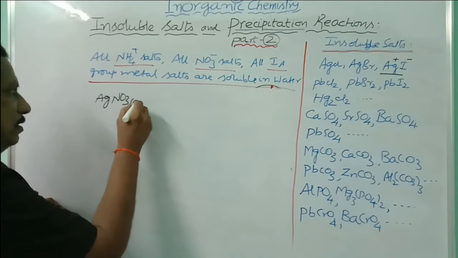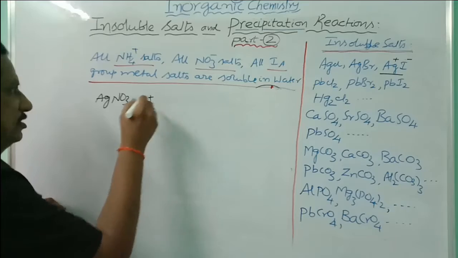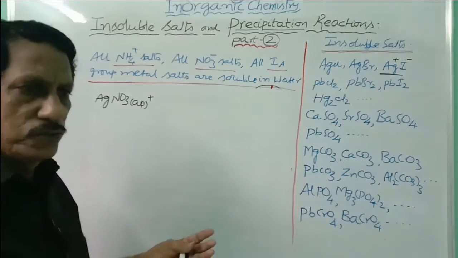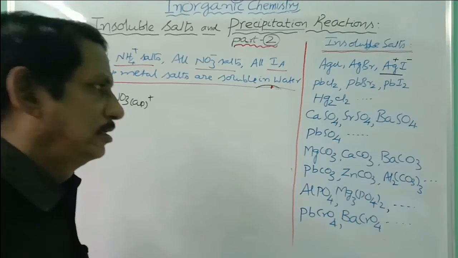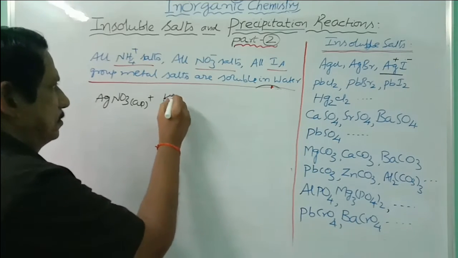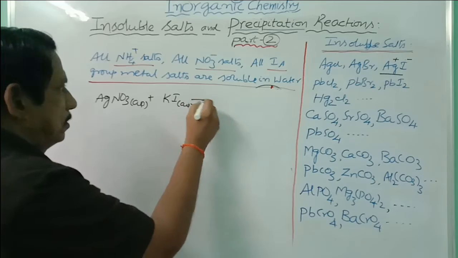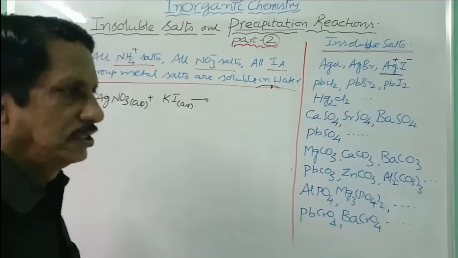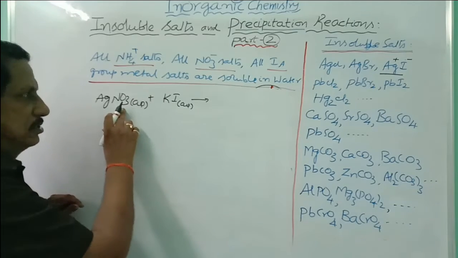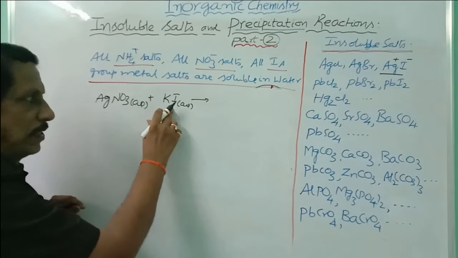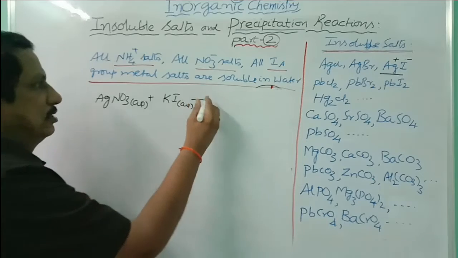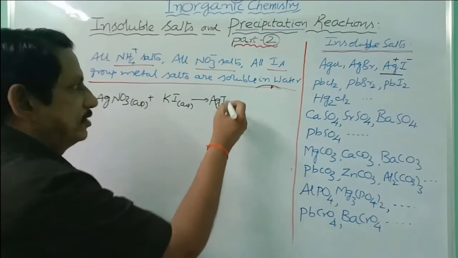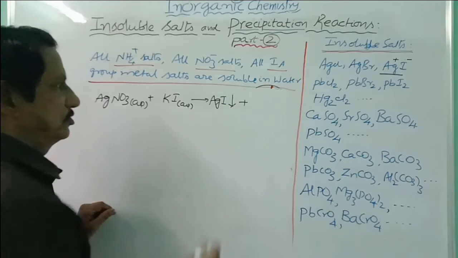AgNO3 aqua plus I-. First group metallic salts are completely soluble, so you can take here potassium iodide, aqua. When these two solutions are mixed, the silver ion of silver nitrate combines with the iodide ion of potassium iodide, and you will get immediately AgI, a yellow precipitate, that is settling down, arrow mark downwards.